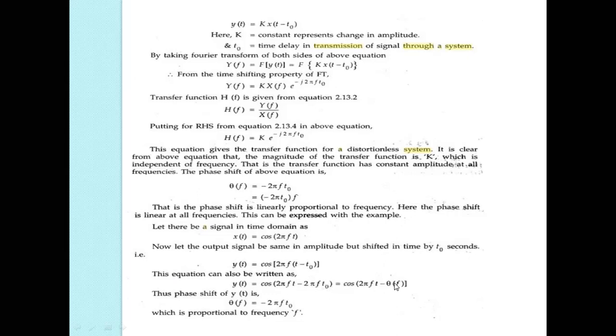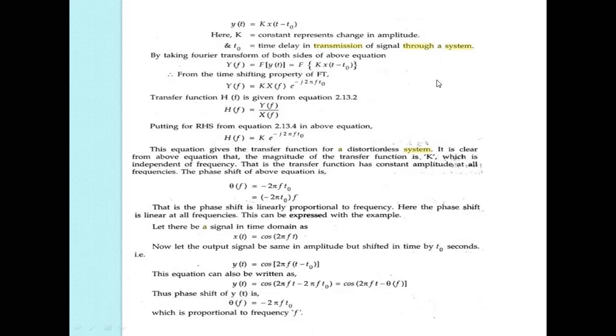What is minus 2 pi f into t naught? It is theta of f. Thus, the phase shift of y of t, theta of f, is equal to minus 2 pi f into t naught, which is proportional to the frequency. It's a distortionless transmission. Understood?